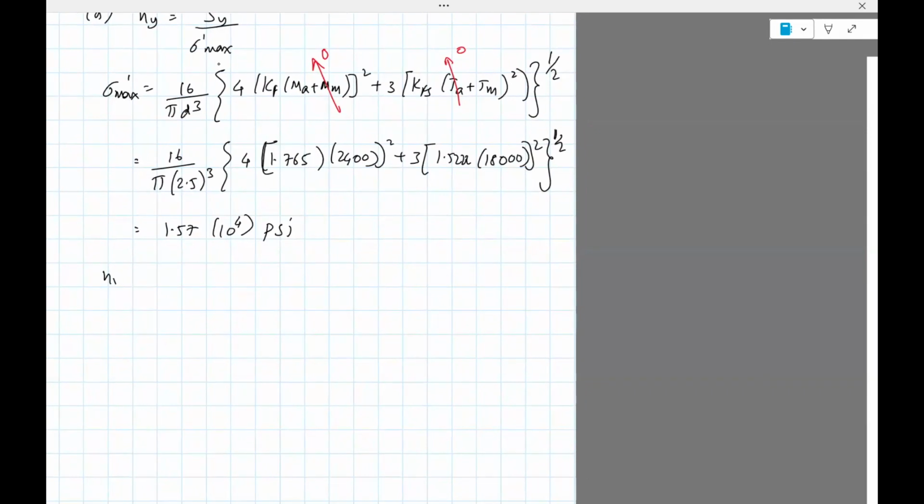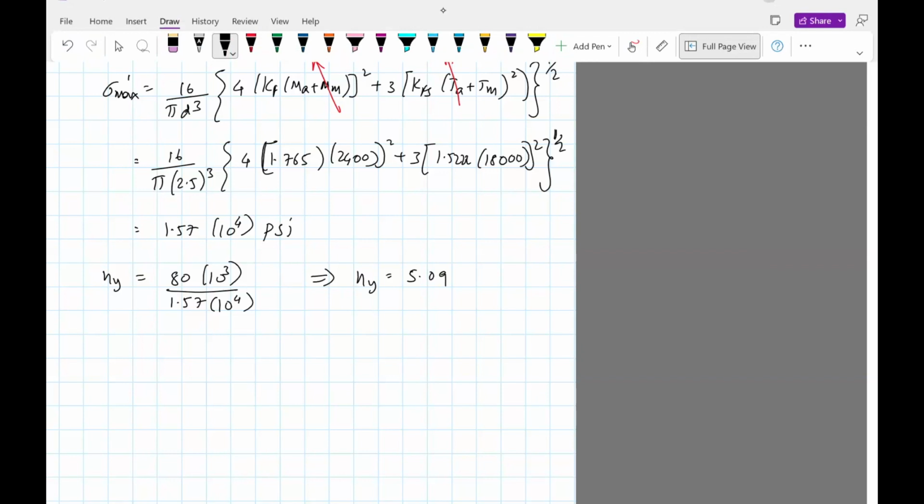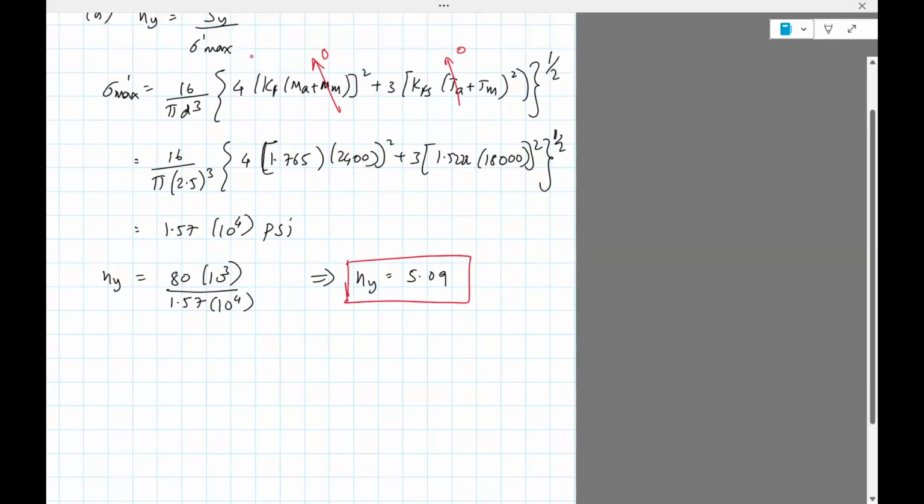And so to compute ny, we can put Sy, which is 80 times 10 raised to 3 psi, divided by 1.57 times 10 raised to 4. It comes out to be 5.09.